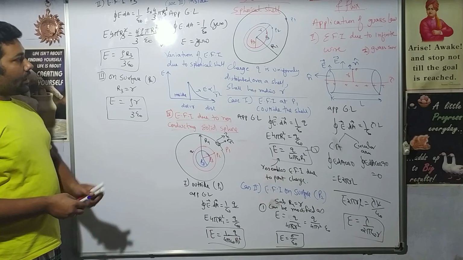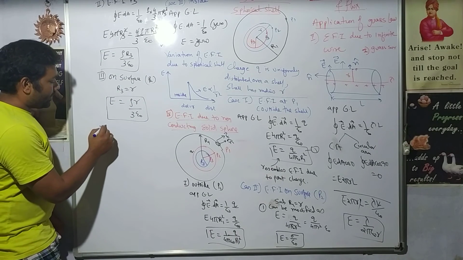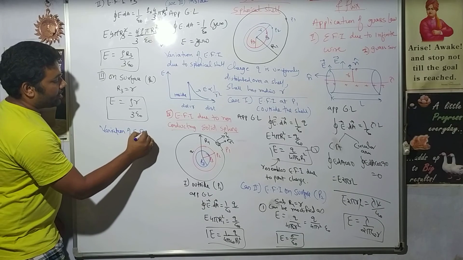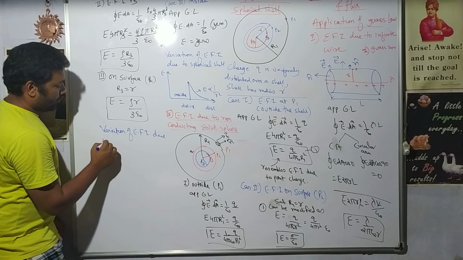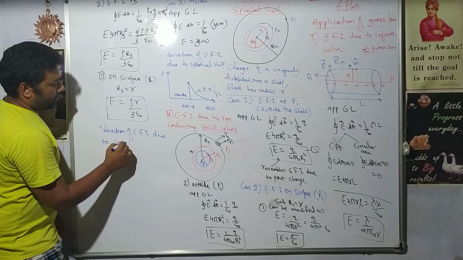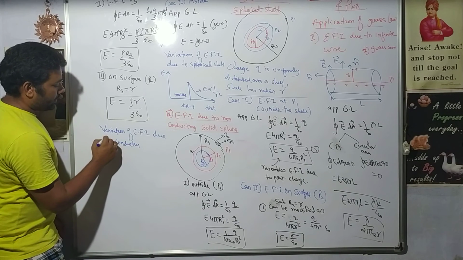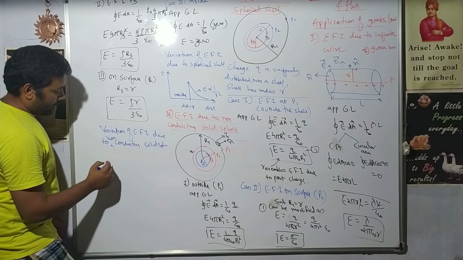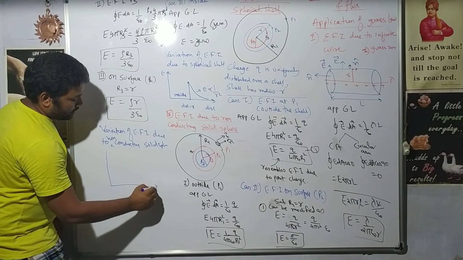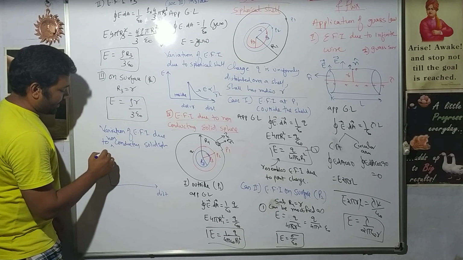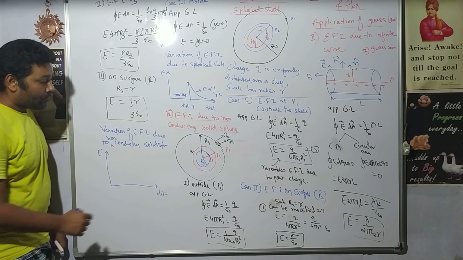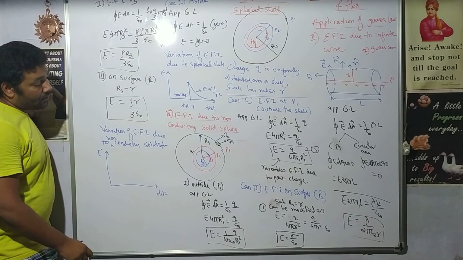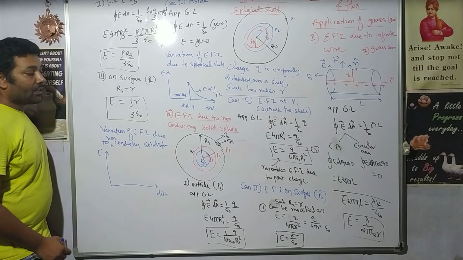Now again, if we draw a graph to show the variation of electric field intensity due to a non-conducting solid sphere, this axis represents the distance, and this represents the electric field intensity. What will be the electric field intensity at the center? At the center, radius will become 0, so the electric field also will be 0.